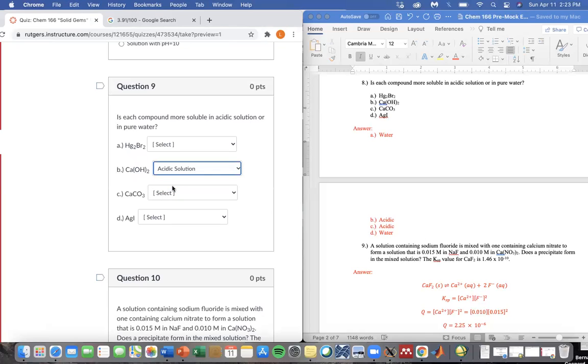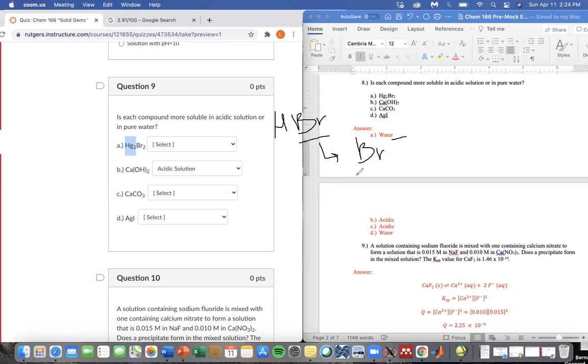And then for the rest of these, so for Hg2Br2, that one's going to be more soluble in water because, so Br minus, if you remember from HBr, this is a strong acid. This is just a spectator ion and it would be Br minus.